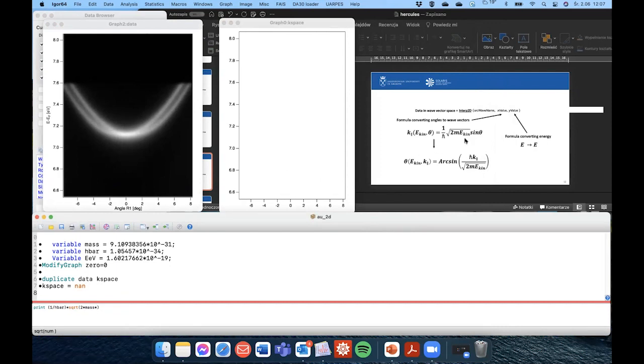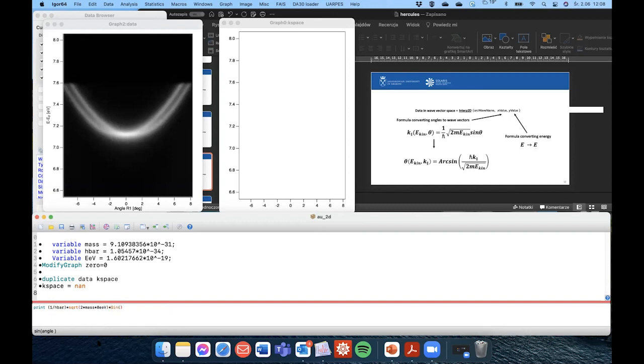So we have to type here the maximal kinetic energy of our measurement. So let's say 8 electron volts. Of course, that factor. And sinus.